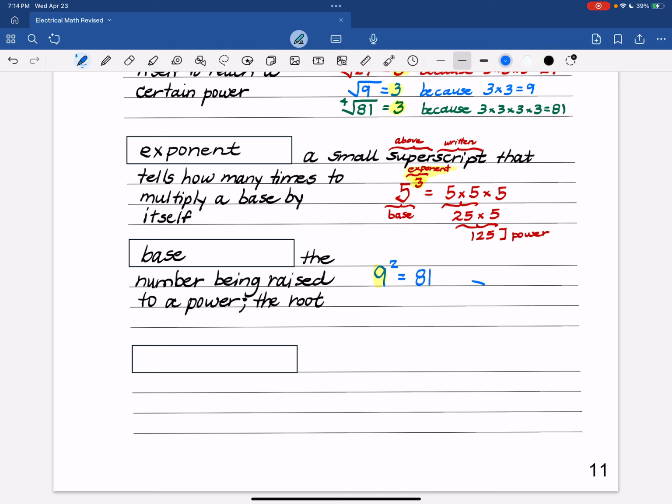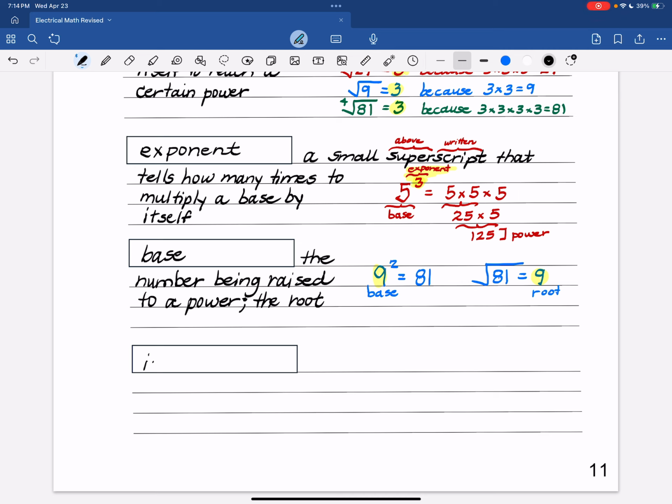It can also be the square root of 81 is 9. So that 9 also becomes a base over here. So this is a root. This is a base. They basically mean the same thing for our purposes.